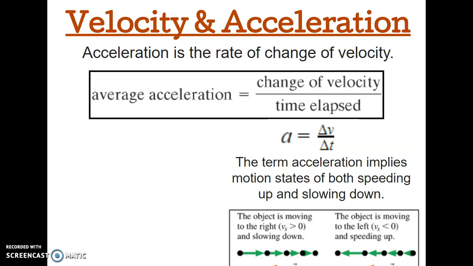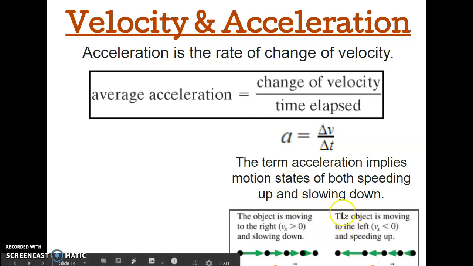Then I have zero acceleration because my velocity is not changing. But if I'm speeding up, so let's say I'm going from 60 to 70, or even if I'm changing direction, that's a change in velocity. Or if I'm slowing down, let's say from 60 to 40, now we have an acceleration.